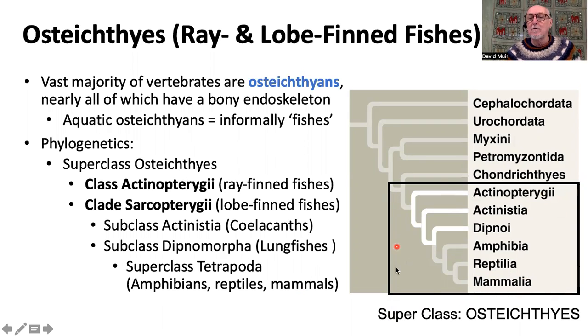I've boxed the whole. It's a clade, and it's called the Osteichthyes, and it includes all of the rest of the vertebrates, including us. And that's why I said to you that phylogeneticists would regard us, the human being, as being a very advanced fish, which in some ways is certainly true, as we'll find out.